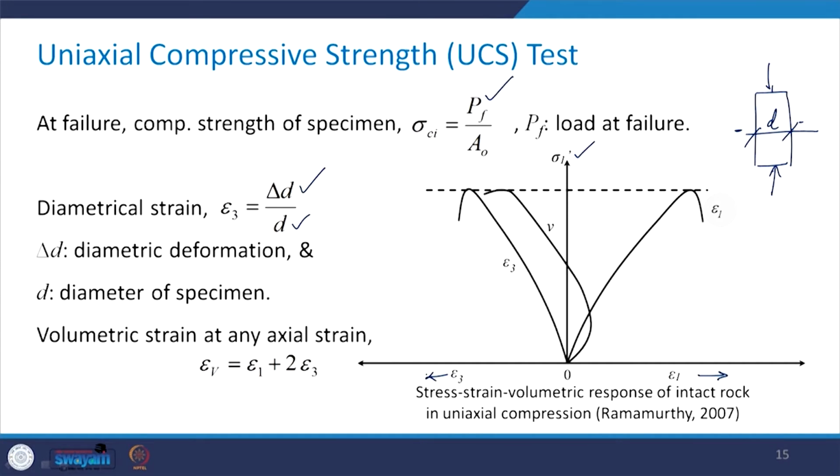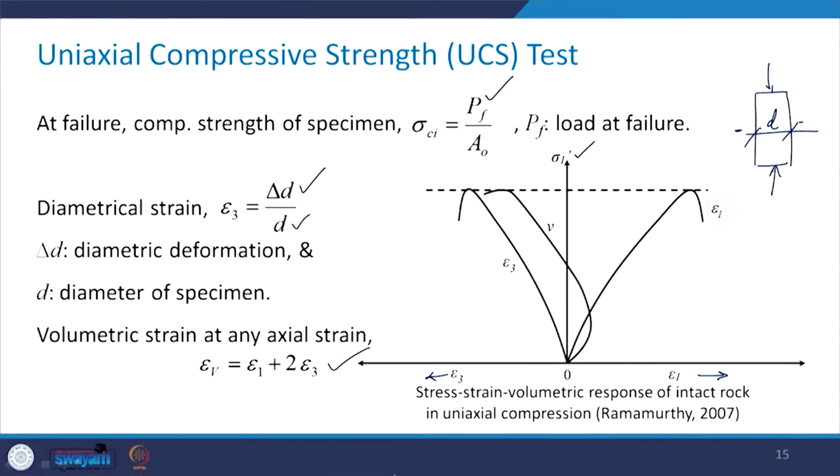So the total volumetric strain at any axial strain we can find out, which is epsilon 1 plus 2 epsilon 3, and we are representing it with epsilon V, where V stands for the volumetric strain. You have seen how the variation is going to look. Let us have a look once again here.